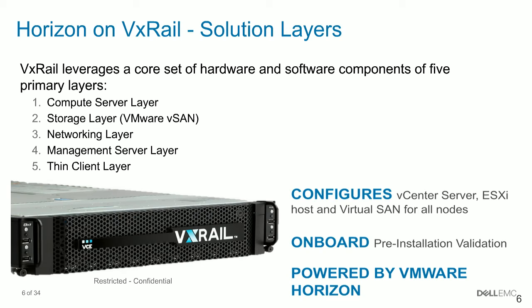The question is, how does the limitation of 2,000 connections per pod affect the VxRail cluster? It doesn't. In a real ideal world scenario, we can scale up to 64 nodes, which is our ESXi limit. But we're following the best practices from Horizon.